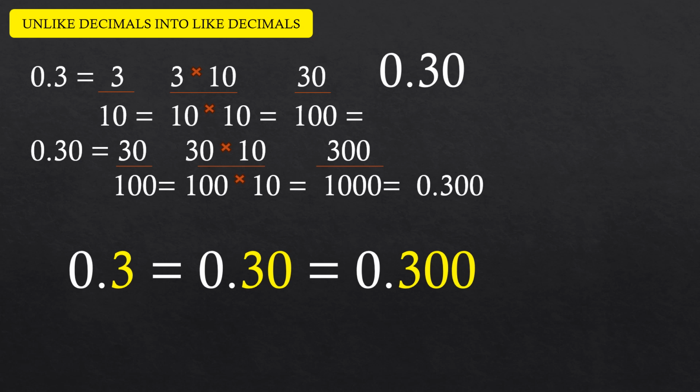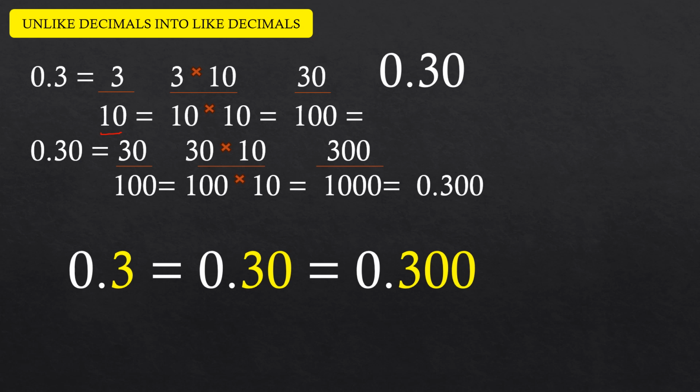So we will multiply it by 10, whichever number you get as the denominator. So 3 into 10 and 10 into 10, that is 30 upon 100. And if we write it in decimal form, we get 0.30.